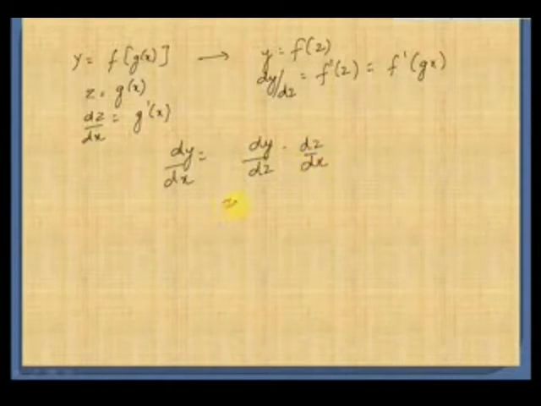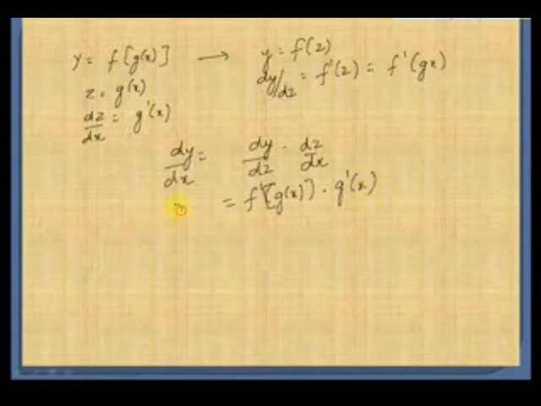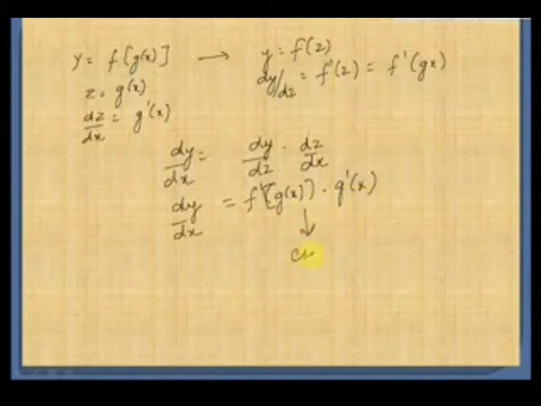Now we know that dy by dz is equal to f dash of g of x, into dz by dx is equal to g dash x. Thus we see that dy by dx is equal to f dash of g(x) into g dash of x, and this is known as the chain rule of differentiation.